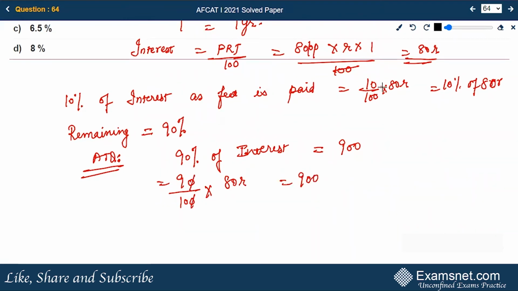So they will cancel and you will have R as 900 into 10 upon 9 into 80. They will cancel and you will have... just a minute. Wait, there is some calculation.